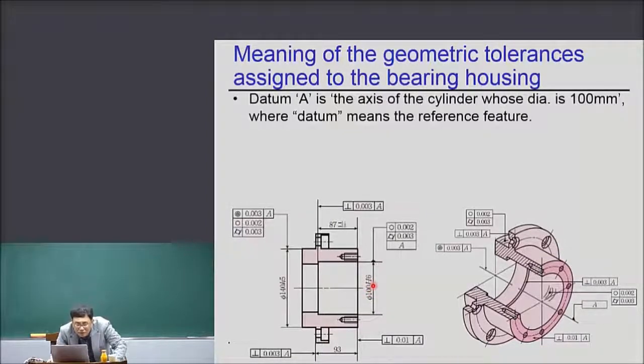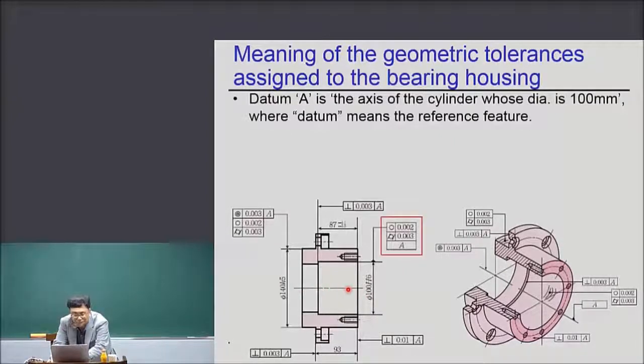Now you see H6 is the dimensional tolerance. Since it is attached to the dimension 100, A is now the axis of the 100 cylinder, right?